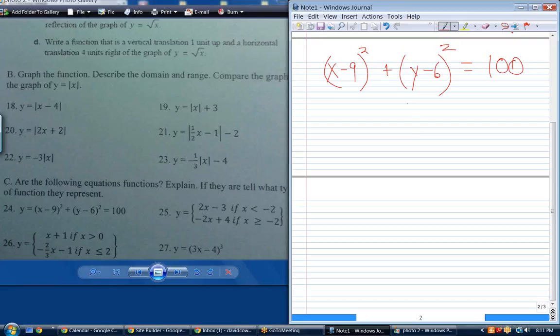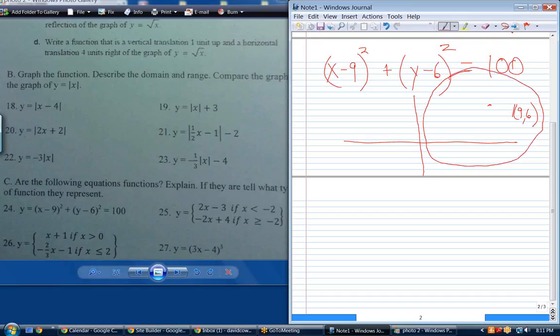This is the equation of a circle whose center is at 9, 6 and whose radius is 10. So the circle is like that.